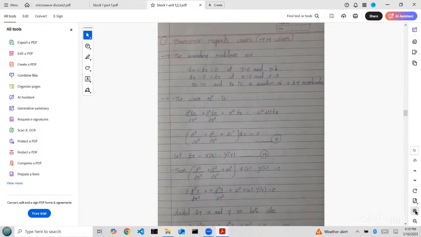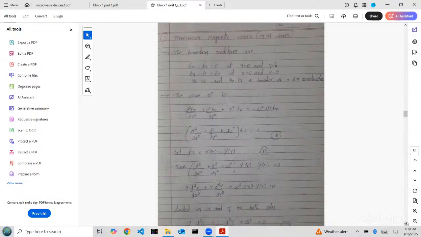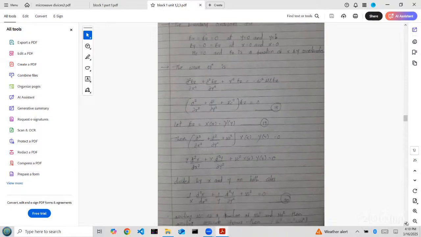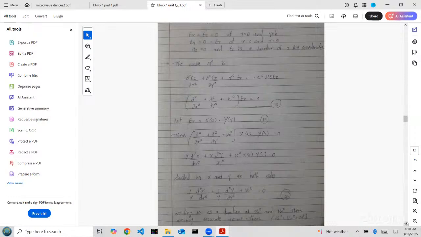Now I am writing the equation in terms of x and y: Y times of x, X times of y, plus kc square times x and y equal to 0.